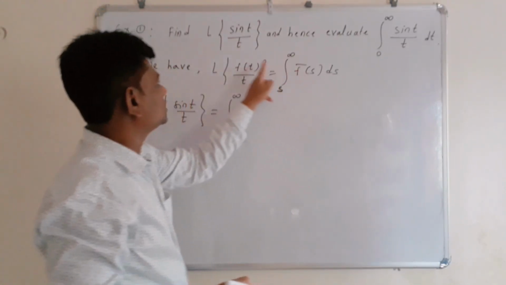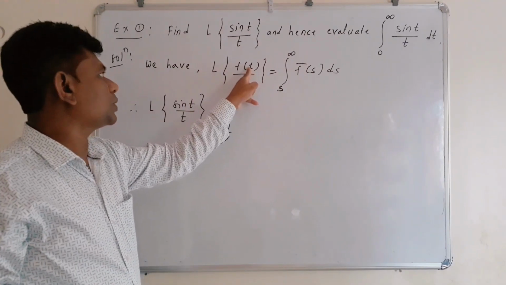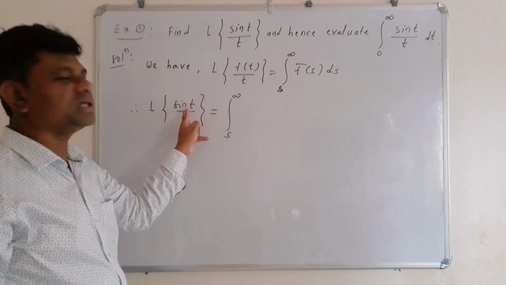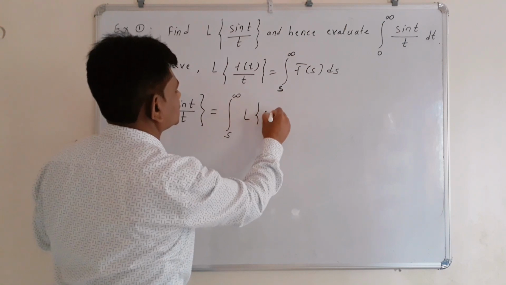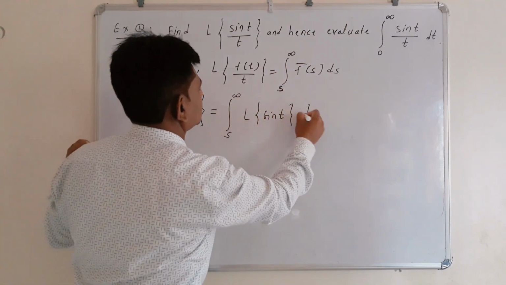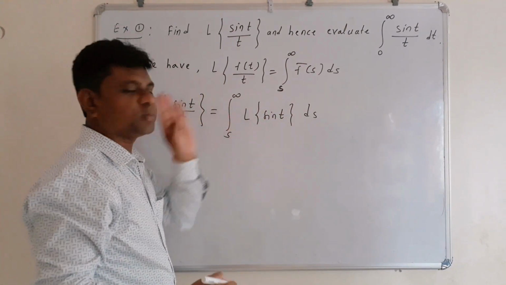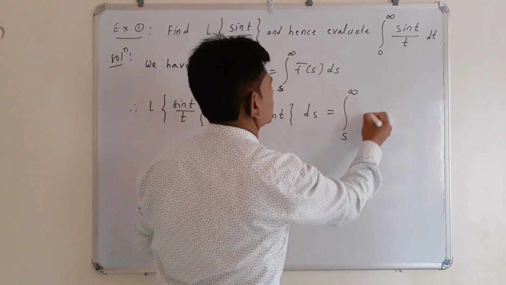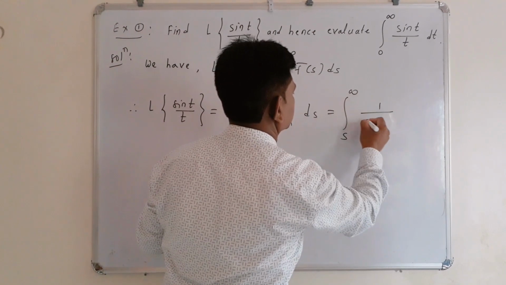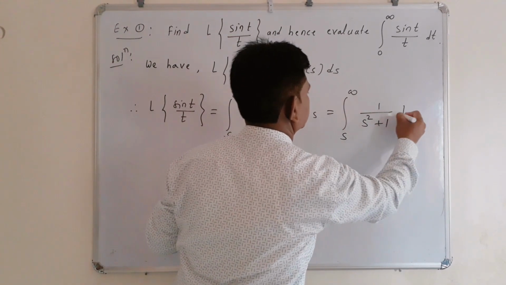Now this f bar s is the Laplace transform of f of t, here f of t is sin t. Now the Laplace transform of sin t is 1 upon s square plus 1, ds.